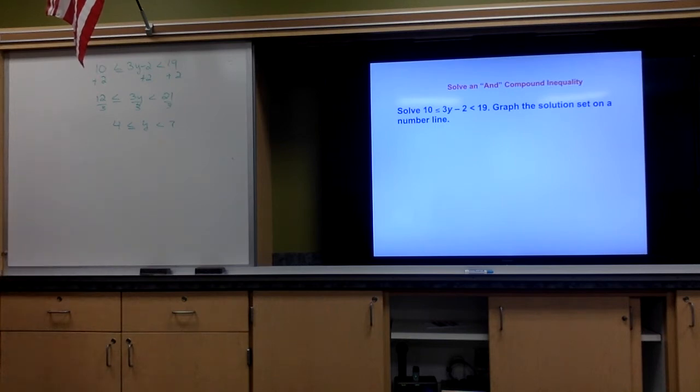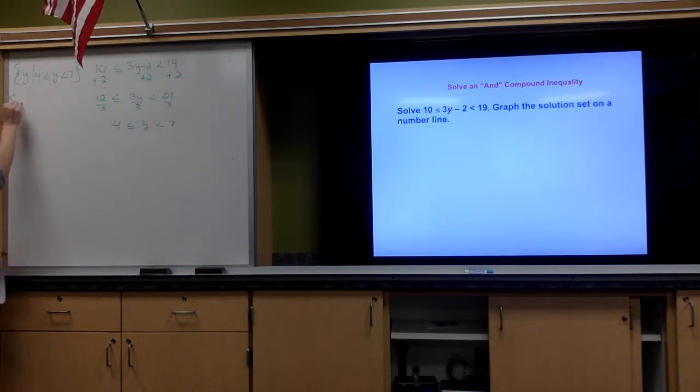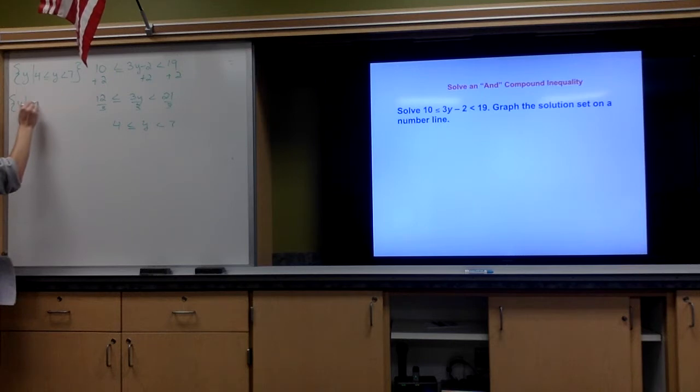Now, as set builder notation, we would say all y values, given that the values are between 4 and 7, including 4, you could write it in this fashion. This is an "and" compound inequality, so you could put "and" instead.